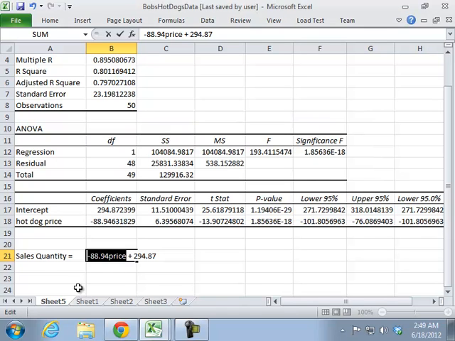That is my equation. Now another way to put that would be, you could also have it listed as 294.87 minus 88.94 price. Either way, it's the same equation.